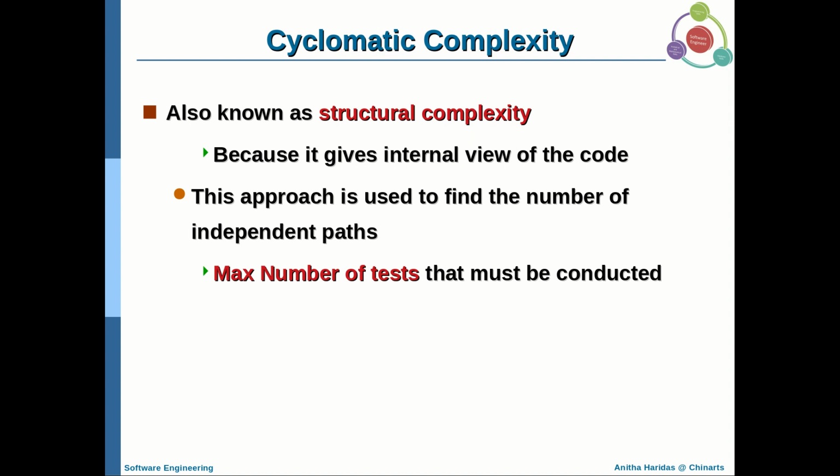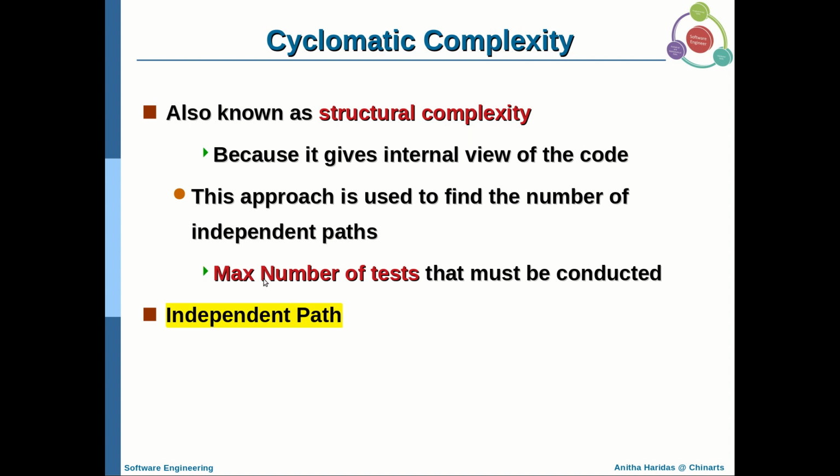And this approach will help you to find out how many test cases must be conducted, or I can say it gives you the maximum number of test cases that must be conducted for the given source code. So if the complexity is 10, the maximum you can have is 10 test cases designed.